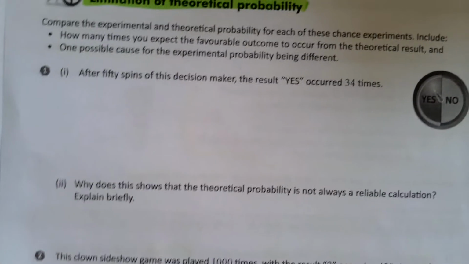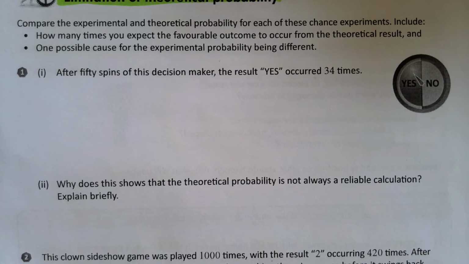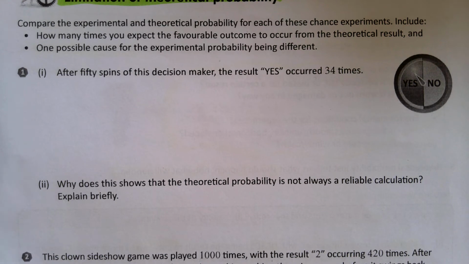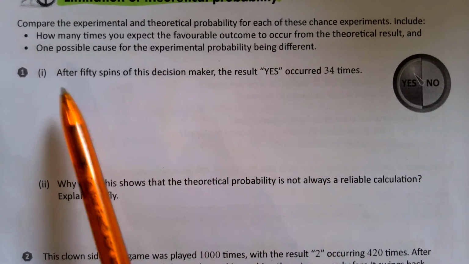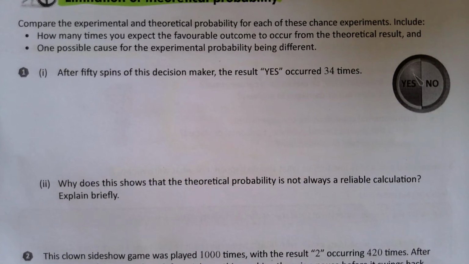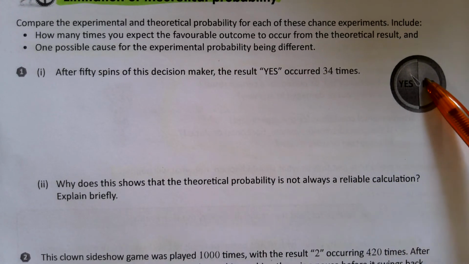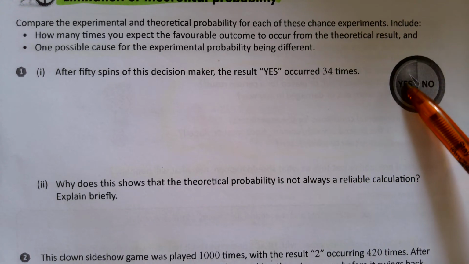And a few quick questions. Compare the experimental and theoretical. Remember, you've got to do 2 lots of probabilities in this one, and how many times you would expect it to occur, and one possible cause why an experiment would be different. So you've got a yes, no here.